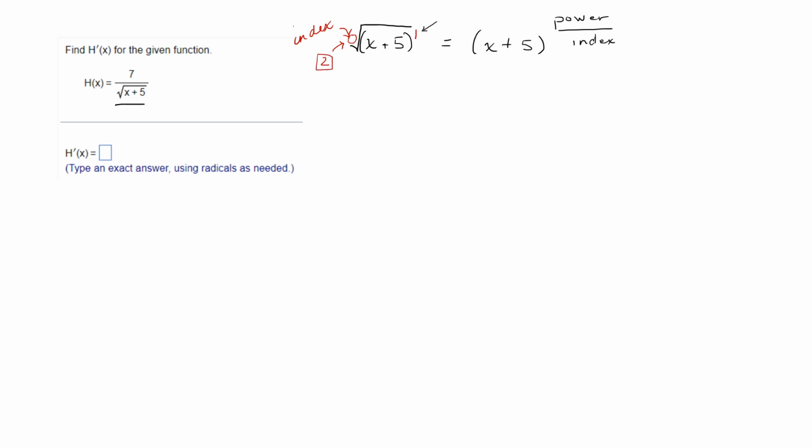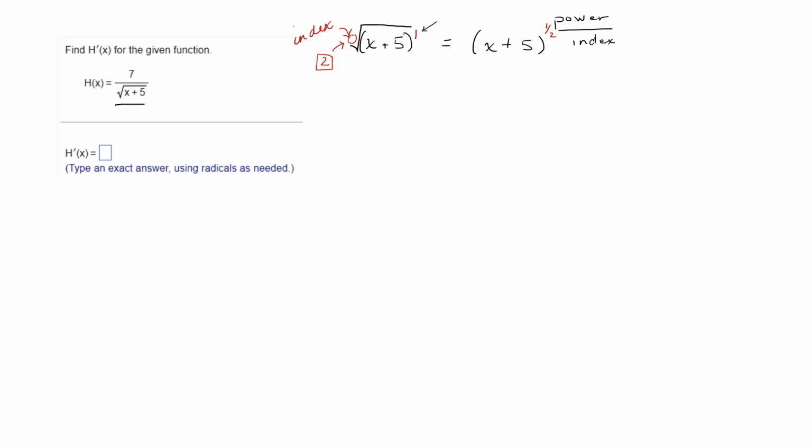So if I'm rewriting the square root of x plus 5, I would have x plus 5. You must have the parentheses, and it would be to the 1/2 power.